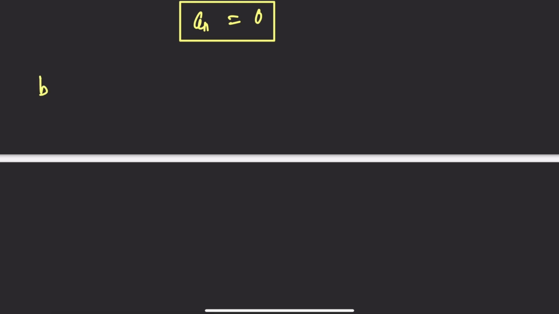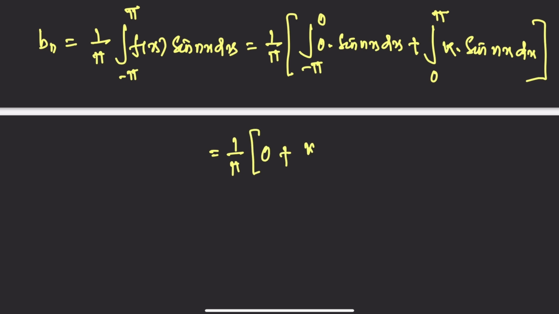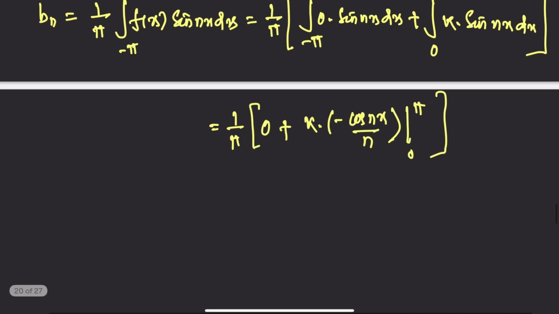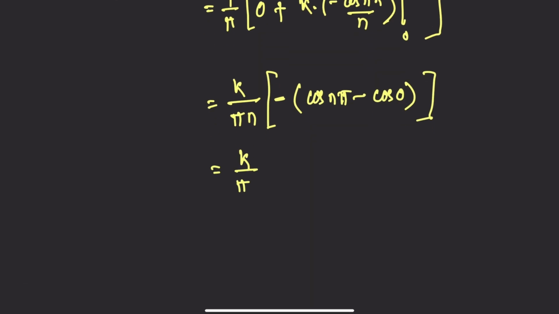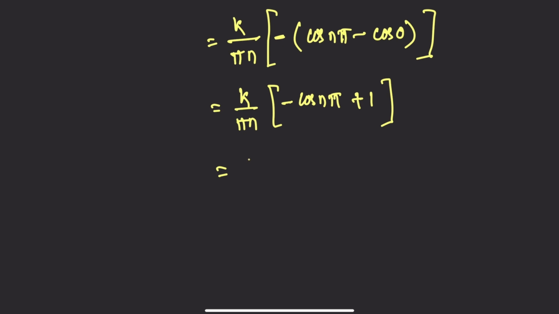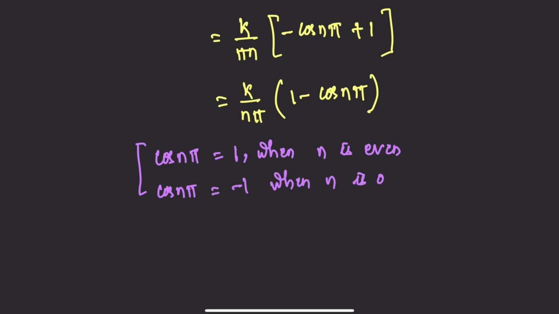Euler's formula for bn is... cos n pi is 1 when n is even and cos n pi is minus 1 when n is odd.